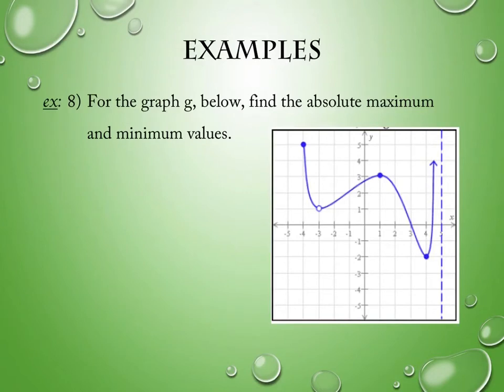So let's do an example where we're actually looking for those features. Similar graph as the last one. We're looking for the absolute maximum and the absolute minimum. So let's start with absolute maximum. What can you tell me about this graph's biggest value? Okay, right here is what Sarah's proposing.